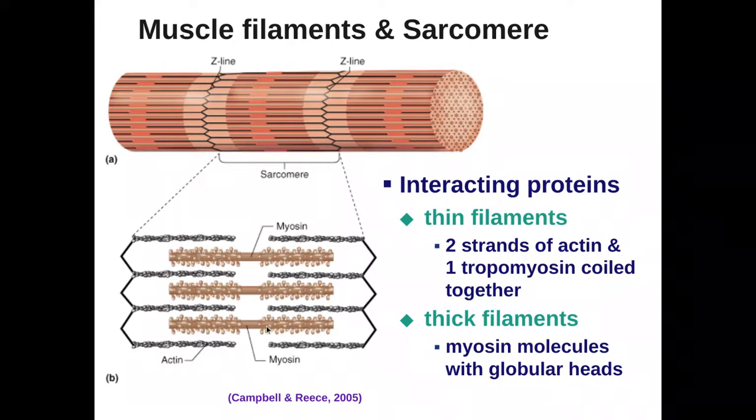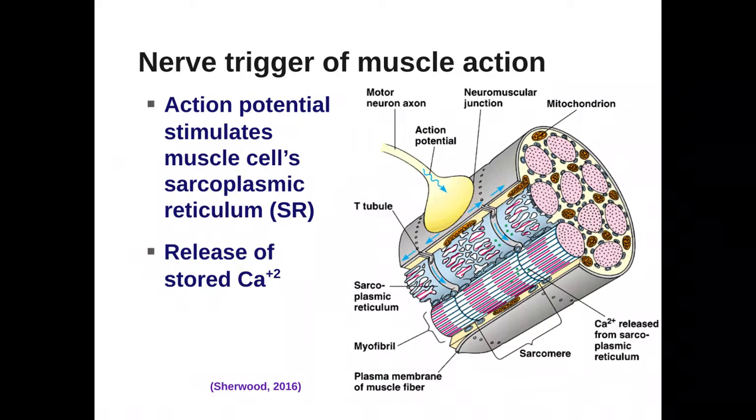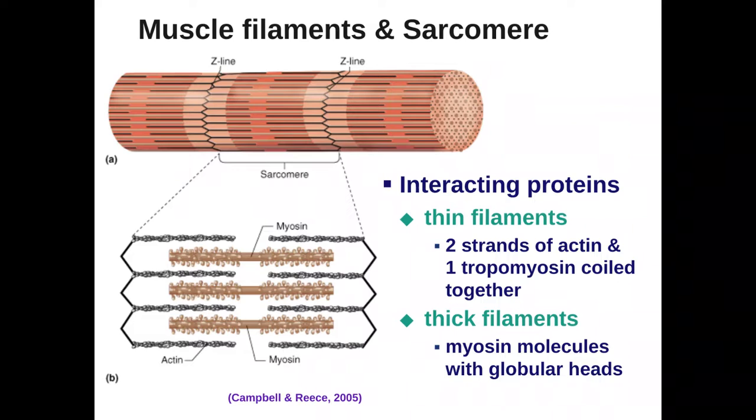Then you have the thick filaments, which are composed of the myosin molecules with their globular heads. Those globular heads will interact with the actin during the cross bridge, and we'll go into that within a contraction. Oh, sorry, I'm going to go back here. So again, essentially a braid of actin and then the tropomyosin molecules.